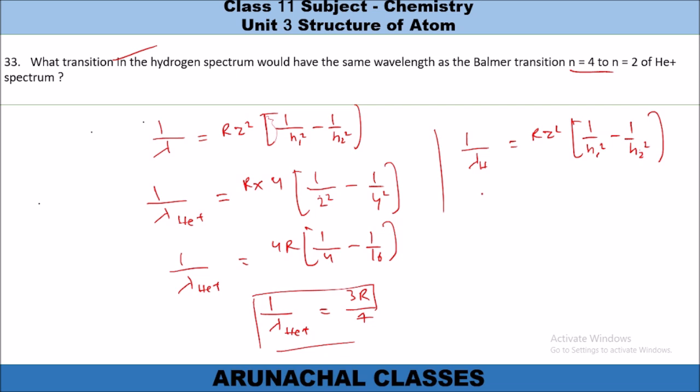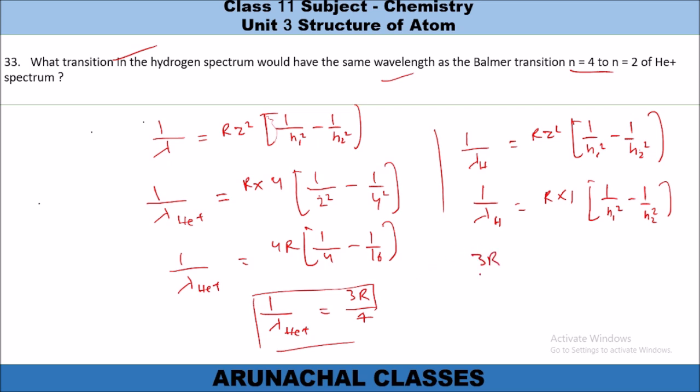So it will be 1 upon lambda H equal to R, Z square means 1 square, 1 upon n1 square minus 1 upon n2 square. Now this has the same wavelength for hydrogen and for He positive, so they have the same wavelength, meaning we can equate this.